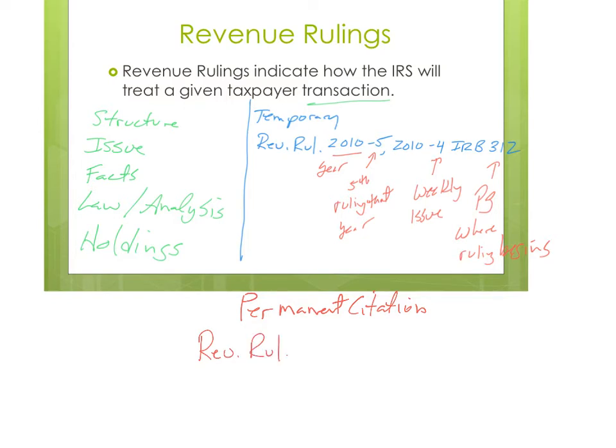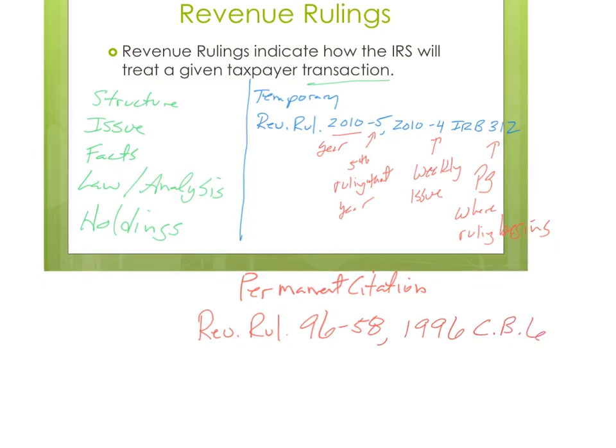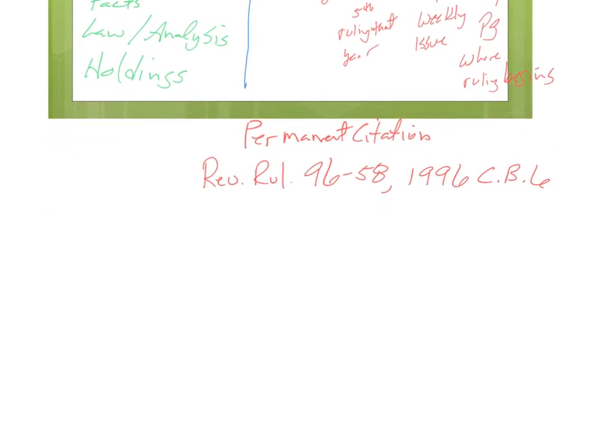And again, you can abbreviate revenue ruling to rev rule. Okay, and that is what you're going to see from a permanent citation perspective. So let's talk about what each of these items mean.